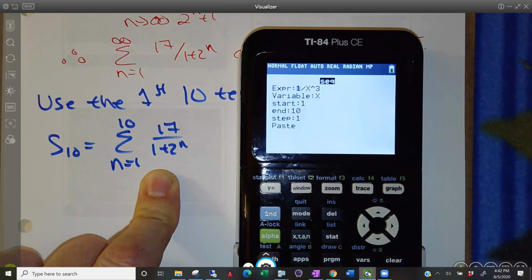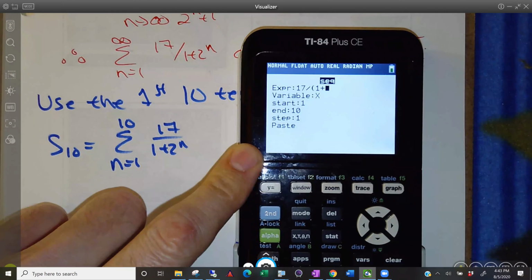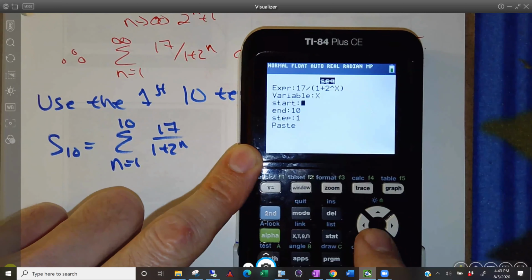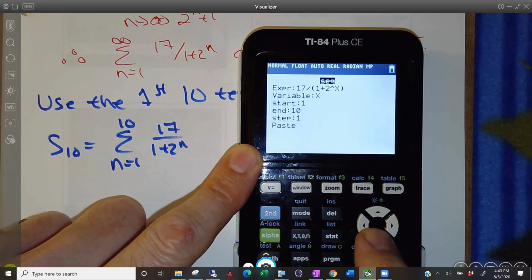So I'll clear that out, type in 17 divided by parentheses 1 plus 2 to the n, in this case 2 to the x, close parenthesis. The variable that you're summing is x, start at 1, go to 10. All that looks good.